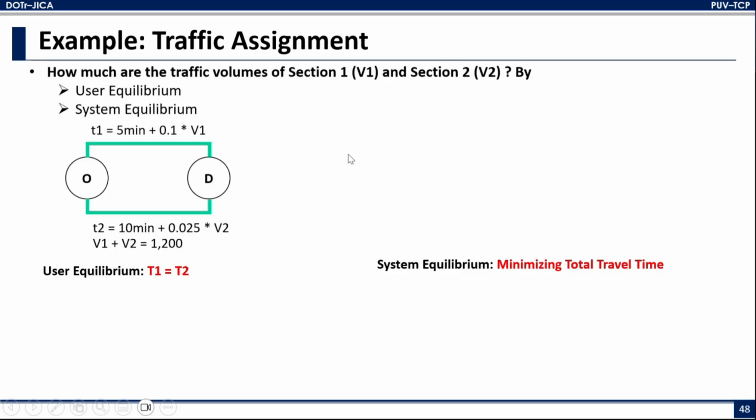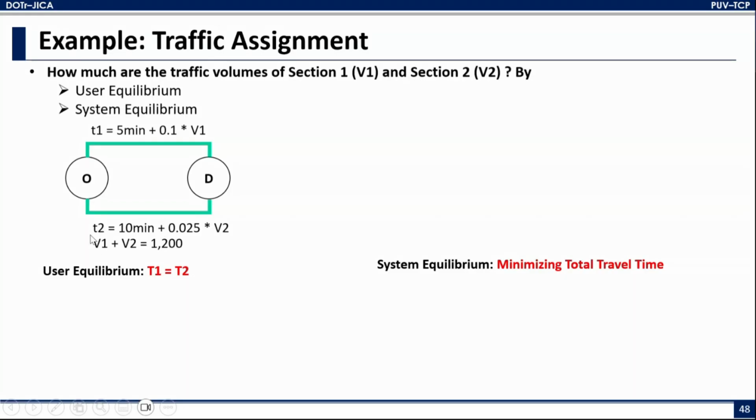Anyway, for example, the travel time of section 1 is formulated as 5 minutes of free flow time plus 0.1 multiplied by traffic volume V1. And the travel time for section 2, T2, equals 10 minutes of free flow time plus 0.025 multiplied by V2.